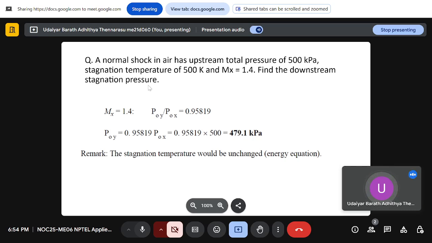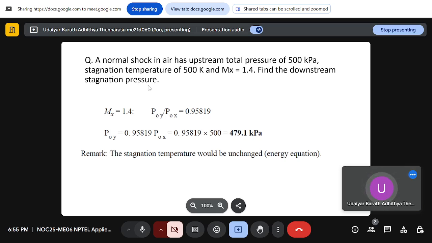The downstream by upstream stagnation pressure ratio is P naught y by P naught x, where x is upstream and y is downstream.